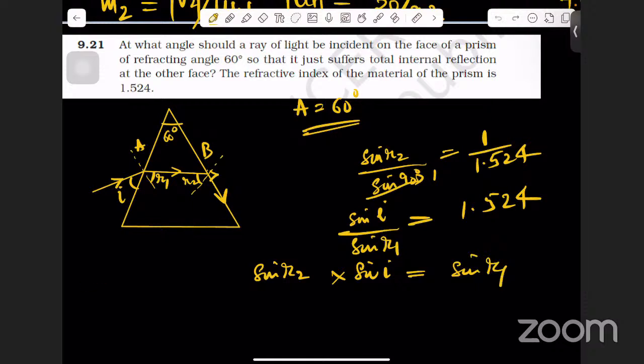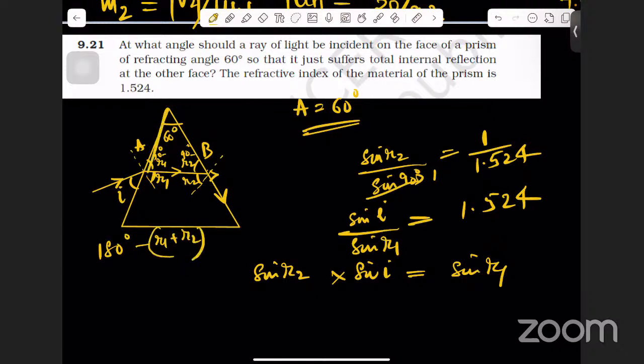And you can see this is R2, this is R1. This angle should be 90 minus R1. This is 90 minus R2. If you add these, it will be 180 minus R1 plus R2.